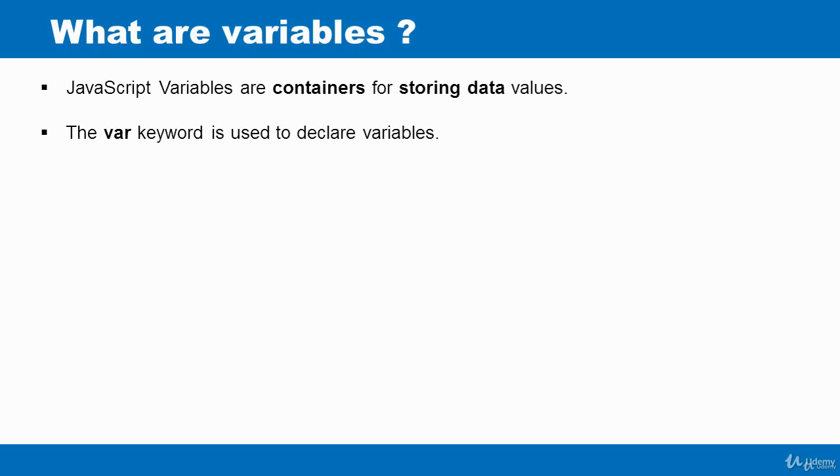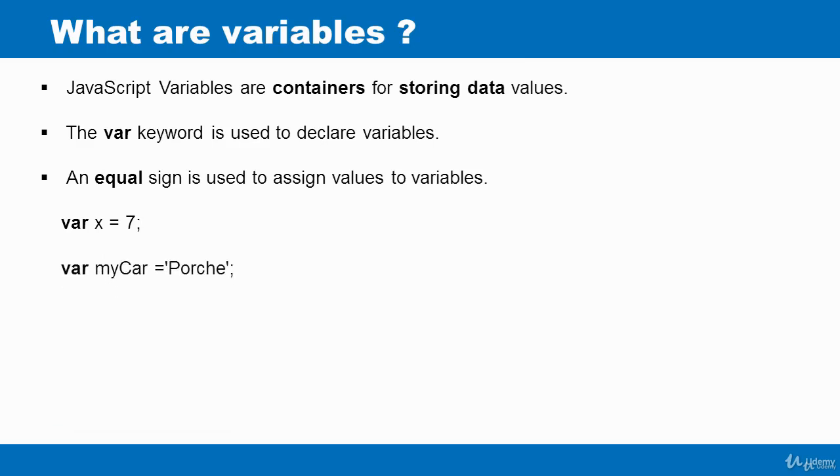When you declare variables, you have to assign a value to the variable, and you use the equal sign to assign values to a variable. For example, if I wanted to create a variable x, I'm going to give it a value of 7. Also, if I want to create a variable called, say, myCar, I give it a value of Porsche.